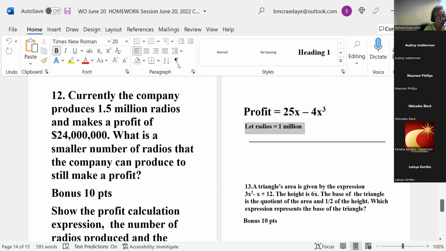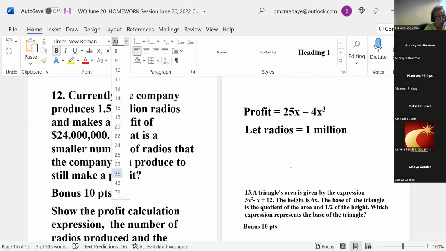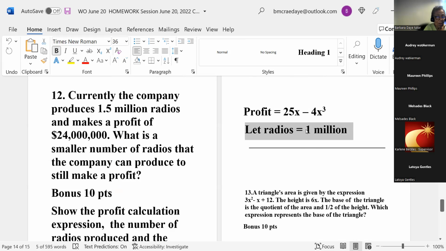So we'll say radios is 1. Wherever you see the x, put a 1 in there, right? This shows how much profit you'll make if you sold a million radios. So substitute the 1 for the x. And what do you get?